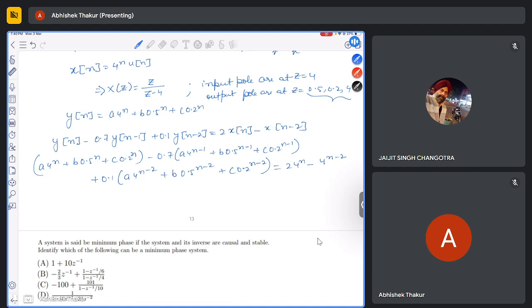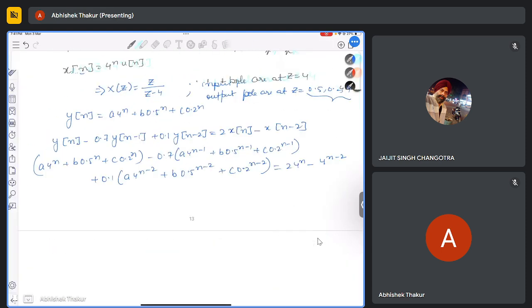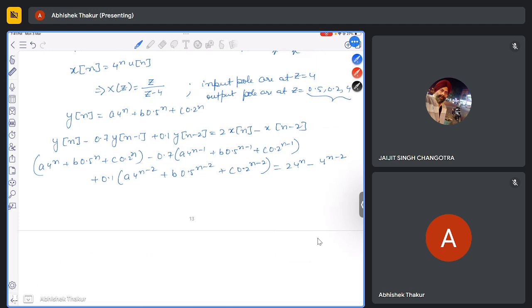So now when you simplify these equations, how will you simplify? You will take the coefficient of n minus 1 and n minus 2 separately, and the constant term separately. Then what you will get?